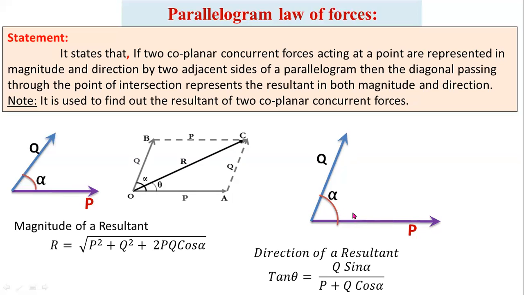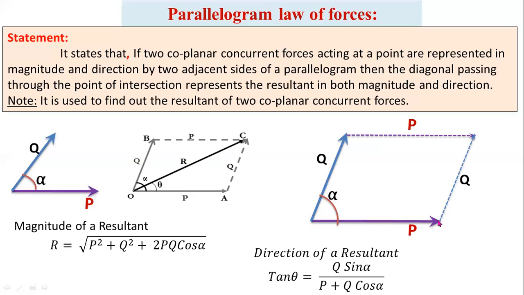Now I consider a similar force P, with the same length, that means the same magnitude. The magnitude of this force is equal to this force. And then I consider this inclined force here. This one and this one are both equal in magnitude and direction.